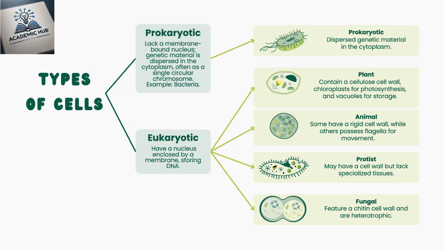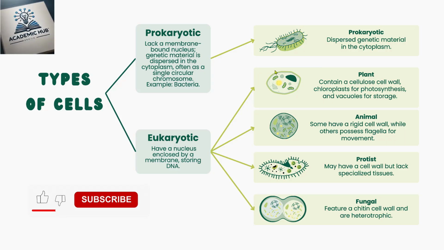Next is chloroplast. Chloroplast organelles contain chlorophyll, the green pigment that captures sunlight and converts it into energy. This is known as photosynthesis, which allows plants to make glucose.